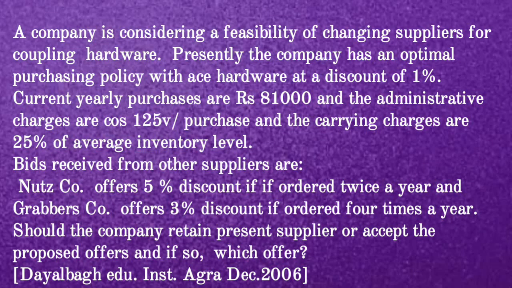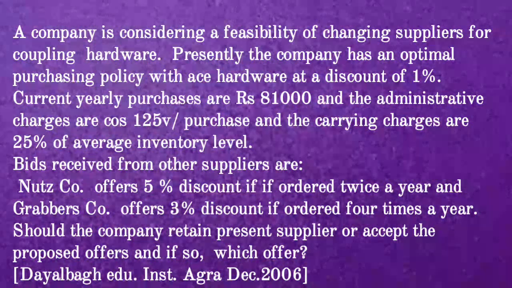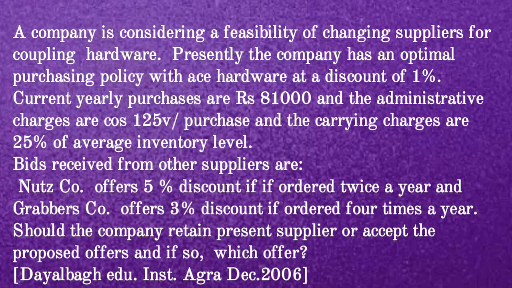Given question: a company is considering the feasibility of changing suppliers for coupling hardware. Presently, the company has an optimal purchasing policy with S hardware at a discount of 1%. Current yearly purchases are rupees 81,000 and the administrative charges are rupees 125 per purchase, and the carrying charges are 25% of the average inventory level.